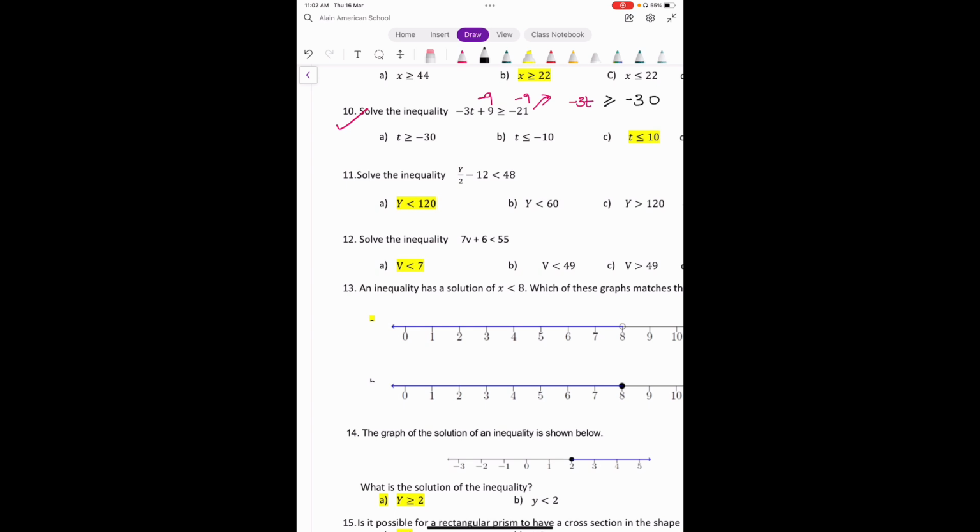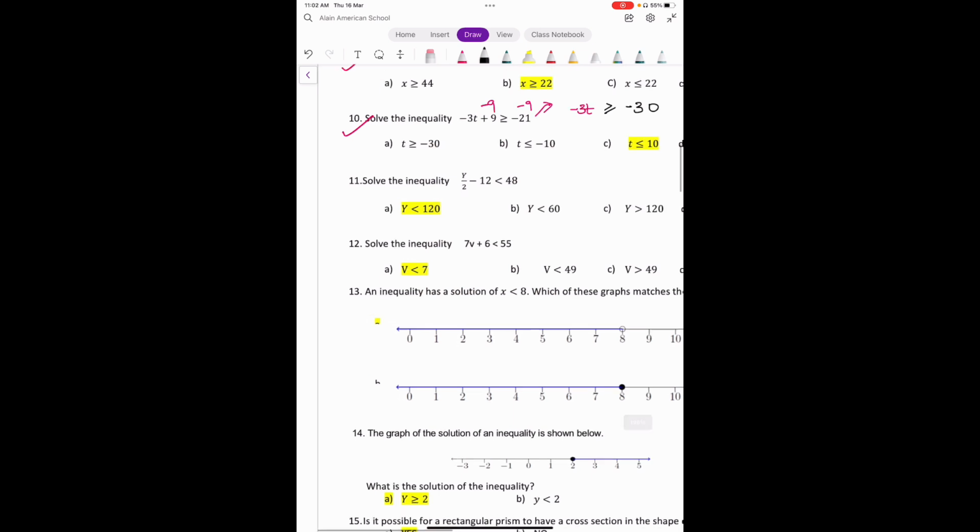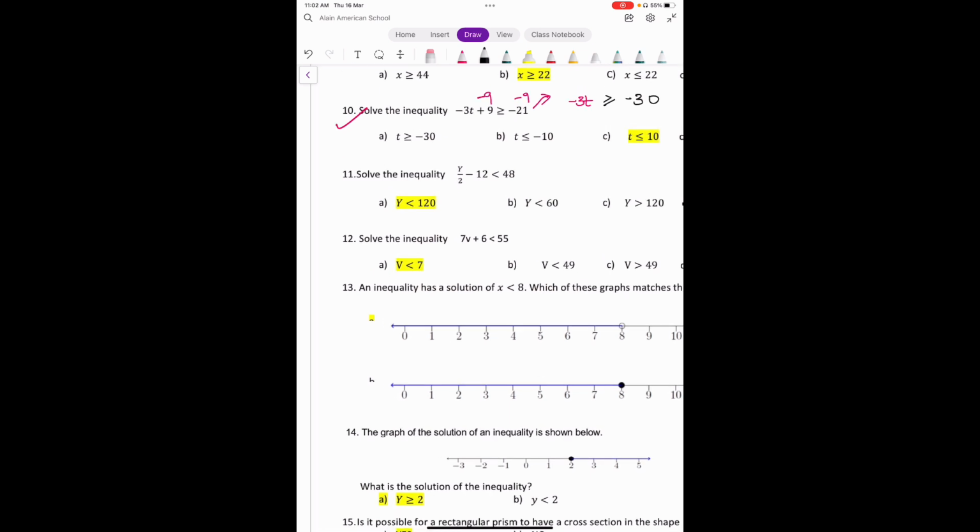This is good till here. Now the problem is you have to divide this by a negative number, that is negative 3. I divided by negative 3 on both sides. But when I divide by negative 3, one thing I need to keep in mind is the inequality sign gets reversed.